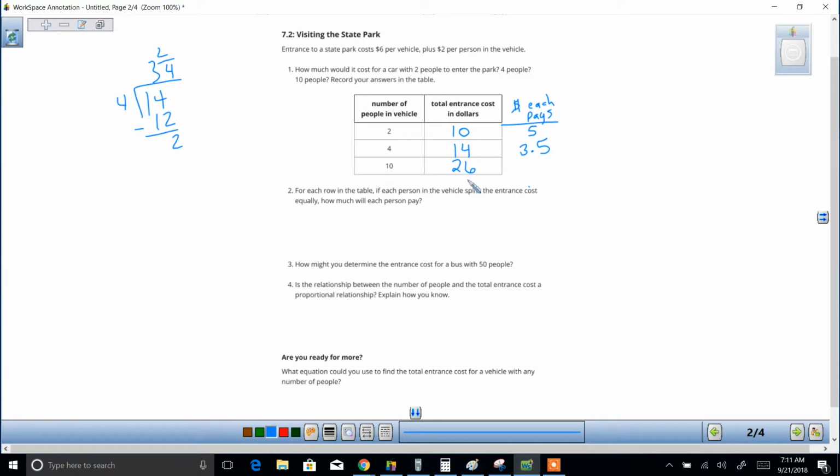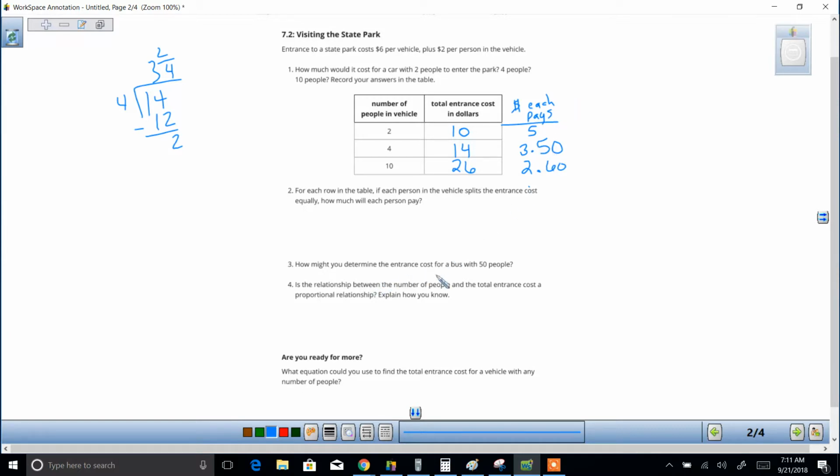That's easy enough. That's just a decimal move to the left. So that would be $2.60. Let's put the 0 on there so we know we're talking about money here. And that's how much each person would equally pay for the trip into the park with that many people. So the more people you get in the vehicle, the less it costs for each person. That's kind of going down.